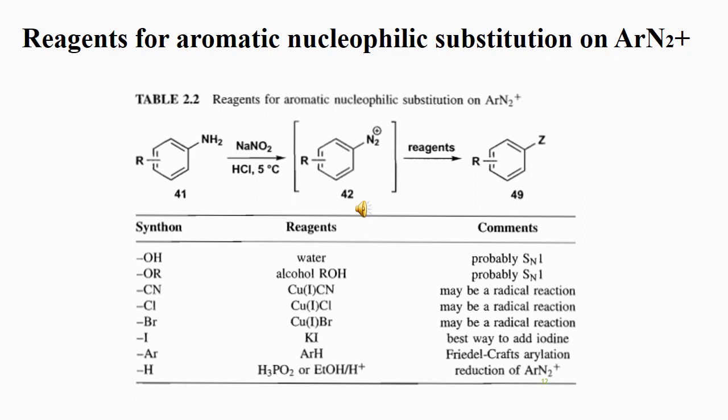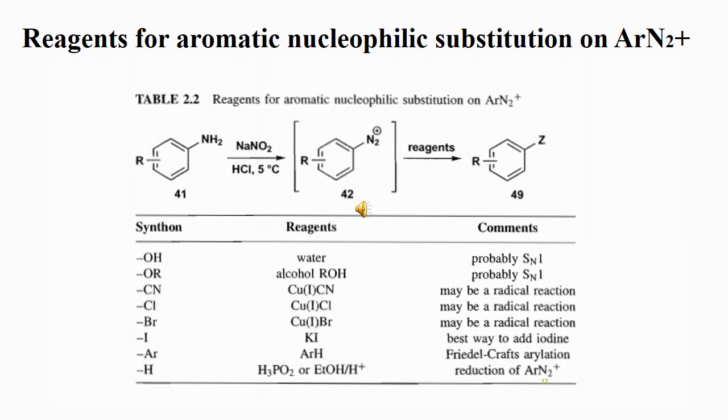After diazotization, intermediate 42 is formed, and then whatever nucleophiles are there attack, and 49 is formed, with the attachment of that nucleophile and the removal of N2 gas.